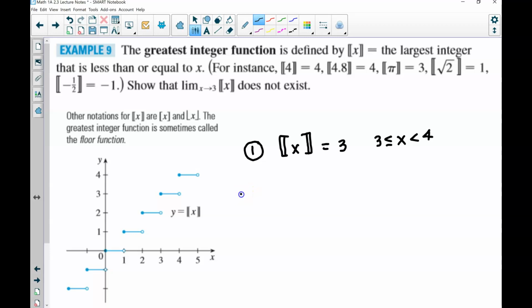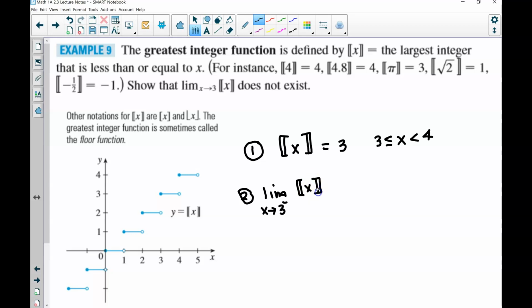Now, we want to compare the two limits. So we have the limit as x approaches 3 from the left of the greatest integer function of x.